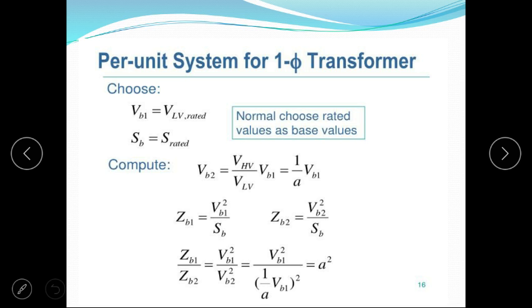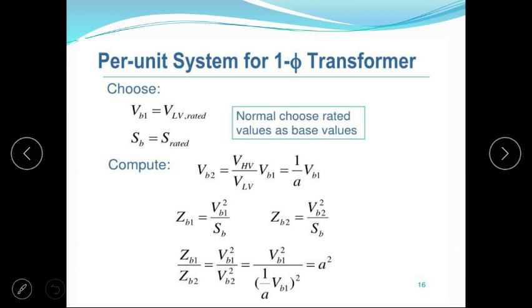Now we choose V base 1 is equal to VL, low voltage side, and S base is equal to S rated. So V base 2 is equal to VH upon VL, and V base 2 is equal to V base 1 upon A, where A is turn ratio or transformer ratio.